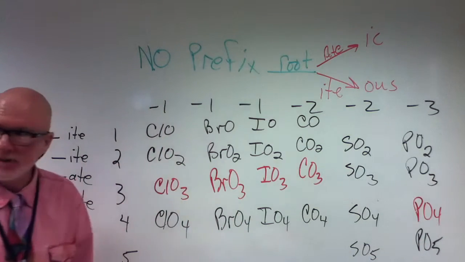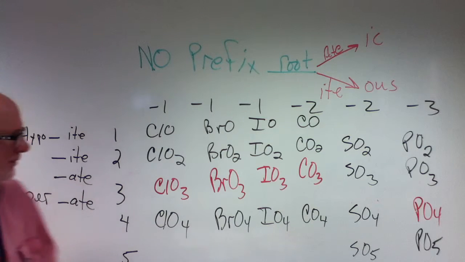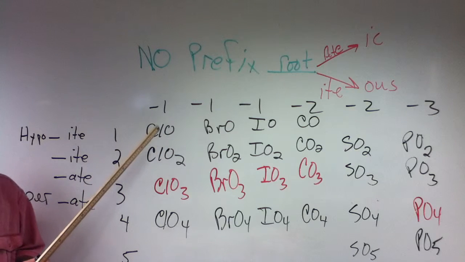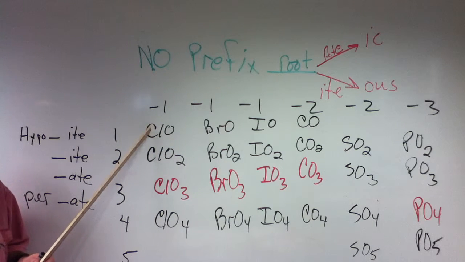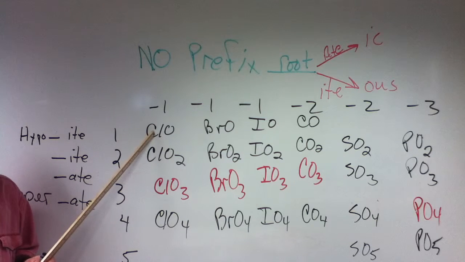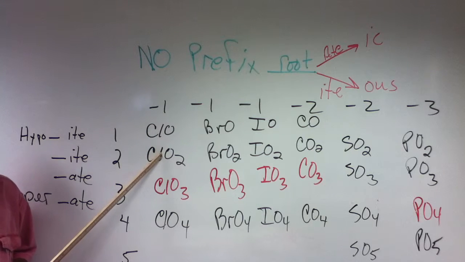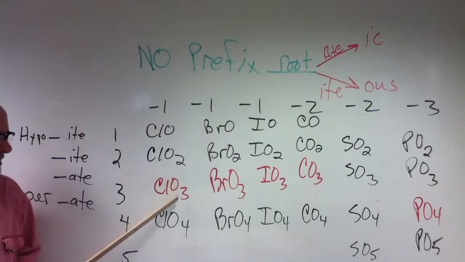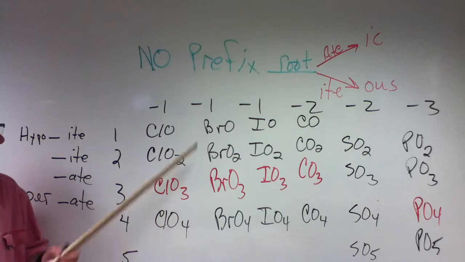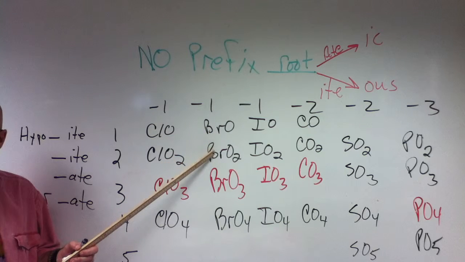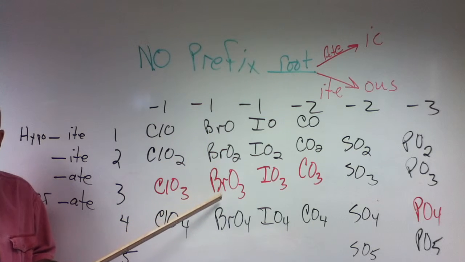Now, all of these can become acids, right? This is bleach, sodium hypochlorite. So this becomes hypochlorous acid. ITE becomes OUS. This is chlorous acid, chloric acid, perchloric acid. Hypobromite becomes hypobromous, bromic, perbromic.